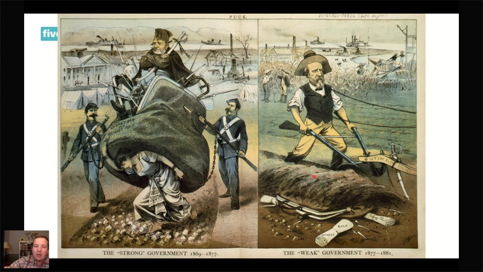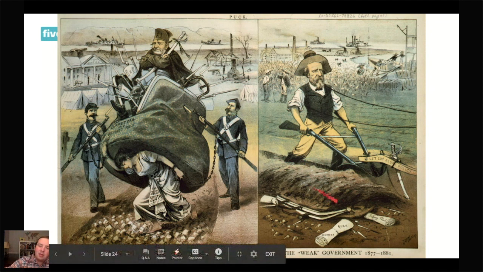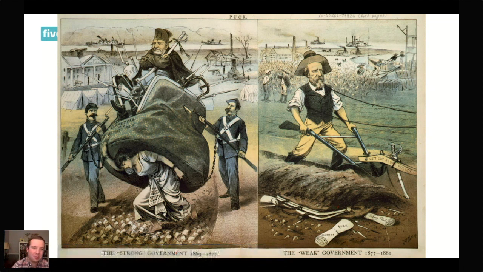Hayes is literally plowing up the carpetbag, the bayonet rule, and all those things that used to be a part of the South's burden to bear. So this cartoonist thinks that it was okay that we removed troops from the South, even though that leads to unimaginable violence down South, lynching and stuff like that. So Reconstruction ends in 1877 with the Compromise of 1877. You should know that. You should know about Rutherford B. Hayes and why his election matters.